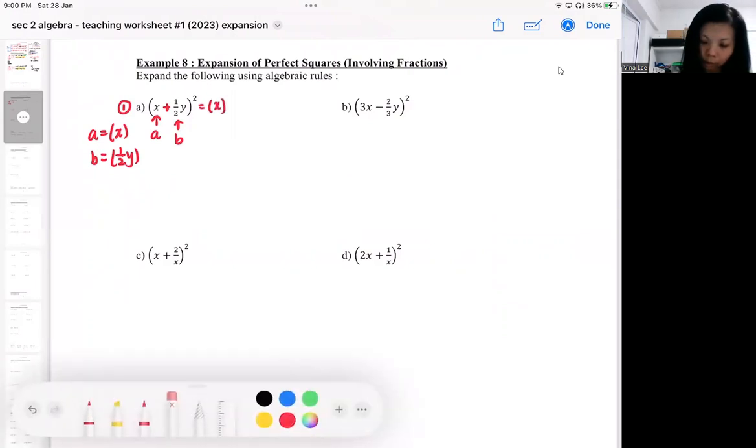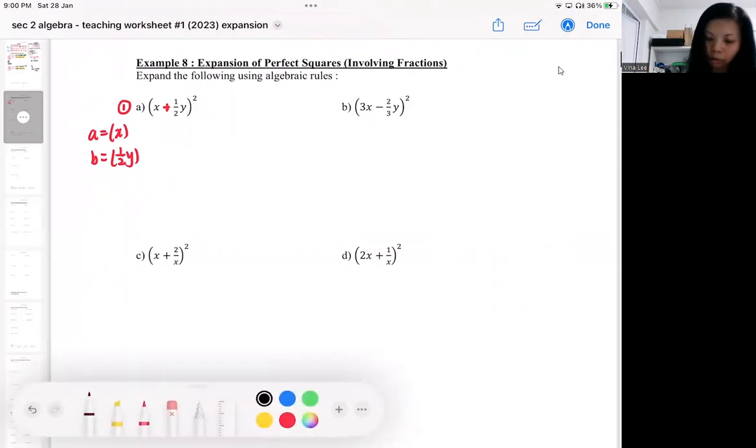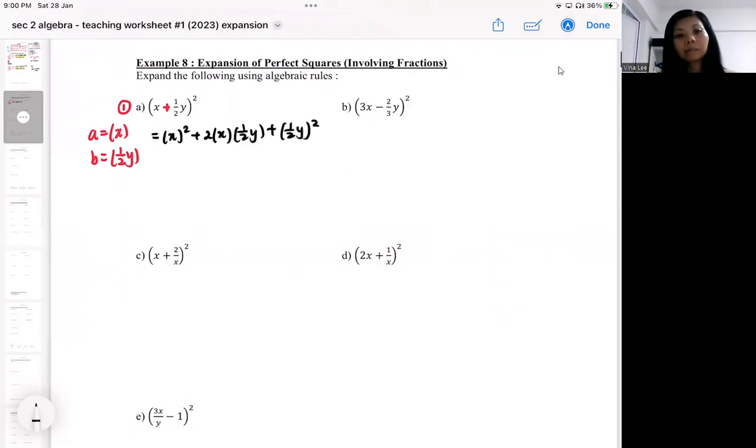Okay, I think there's a bit of no space, let me do it that way. So decide your A and B already. Okay, present it into the formula. After you present it into the formula, you simplify. Number times number, 2 times half is 1.